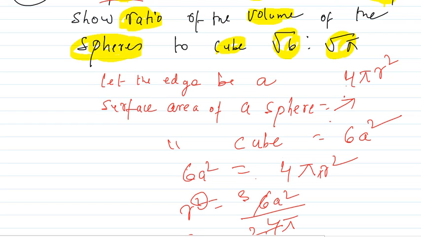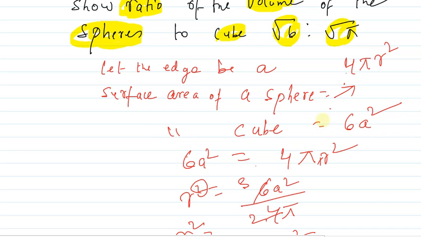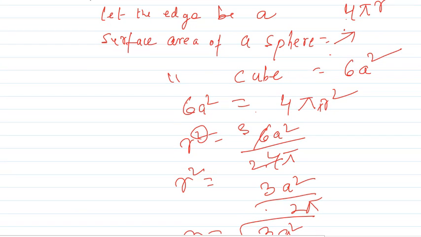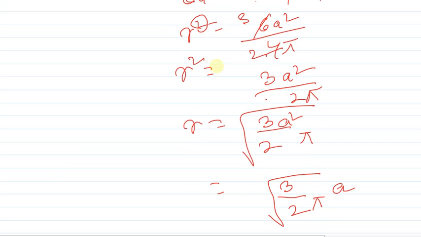So what did I do here? Let the edge be a. The surface area of the sphere will be 4πr², and for the cube it is 6a². Both are equal, so 6a² is equal to 4πr². From here we find r, and r is equal to √(3a² by 2π). That means √(3 by 2π) a.